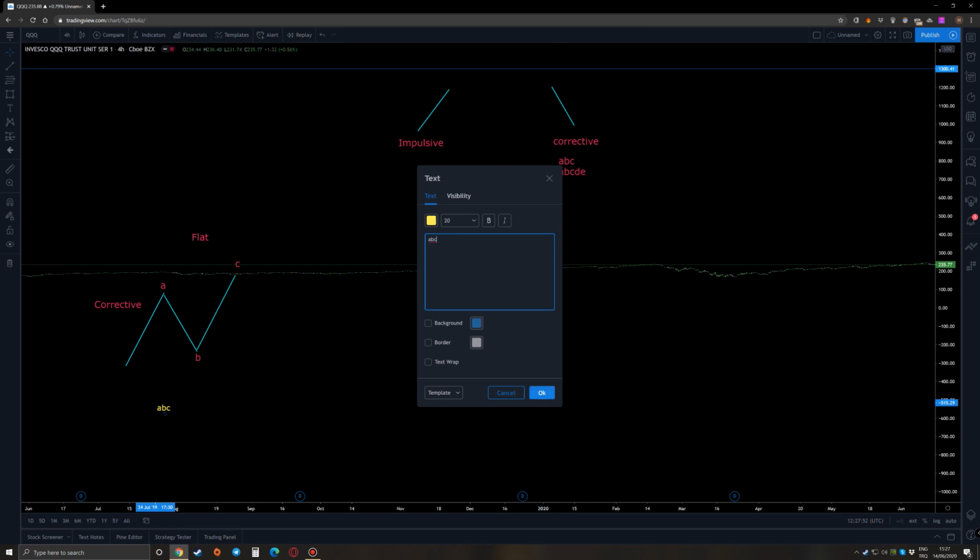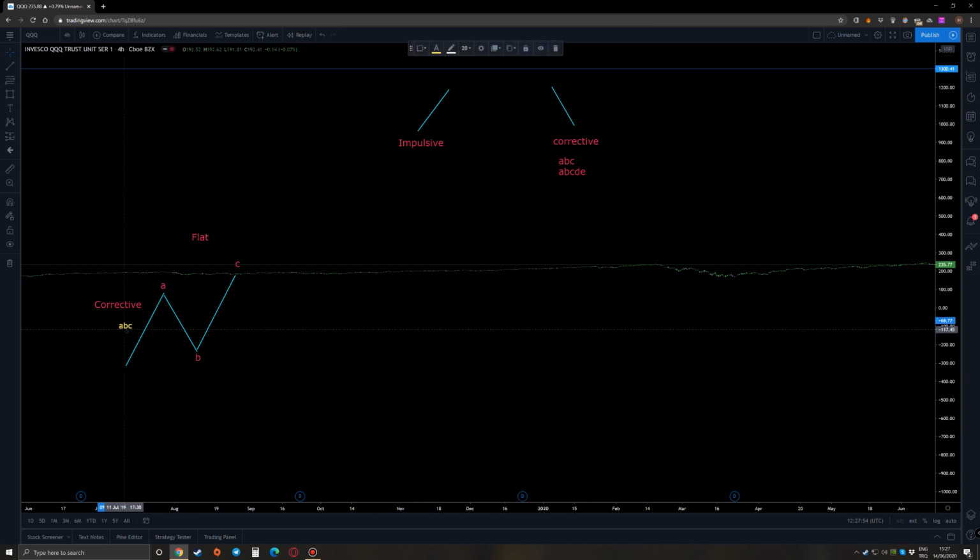When I say ABC, I'm talking about any type of corrective wave. Now, you cannot have a triangle, for example, as wave A of a flat. Because whenever you see a triangle, you should know that triangles always end something. So it ends the wave.